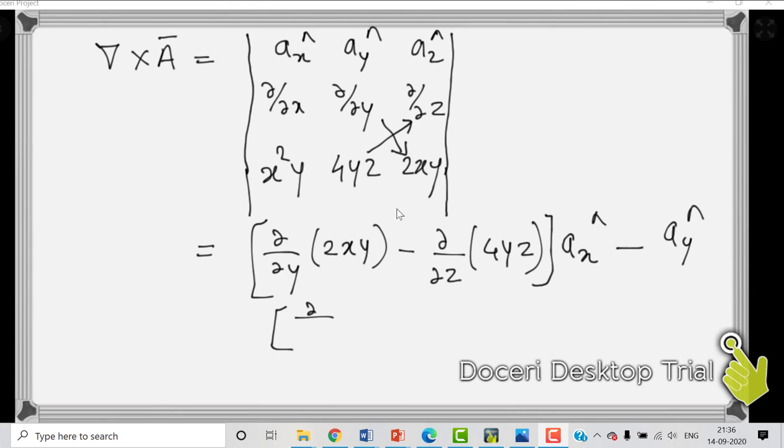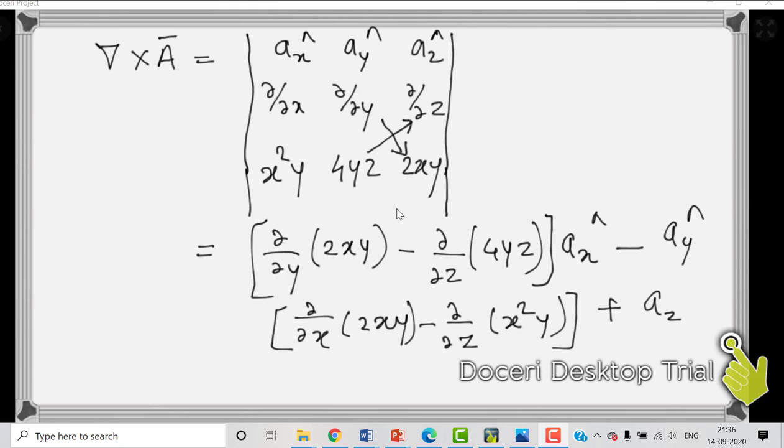Then it is dou by dou x of 2xy minus dou by dou z of x square y, into ay cap, right? Plus the third component, which should be multiplied by plus az cap, and in brackets what will come? Consider the first two columns: dou by dou x of 4yz minus dou by dou y of x square y.